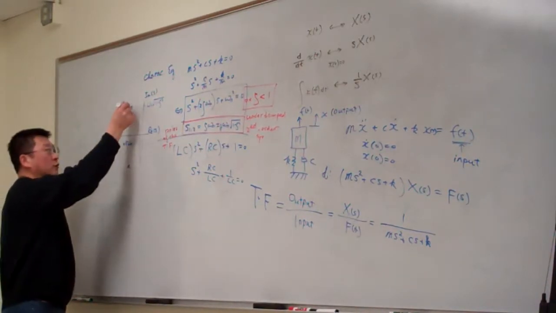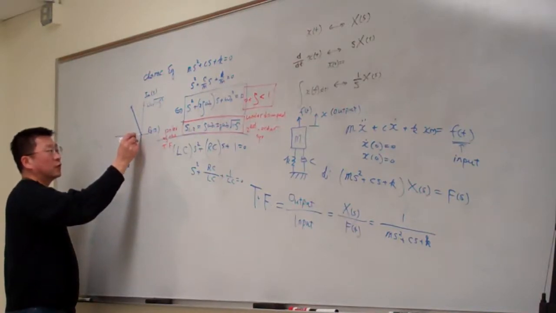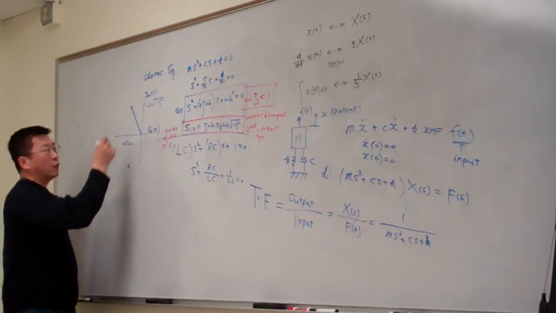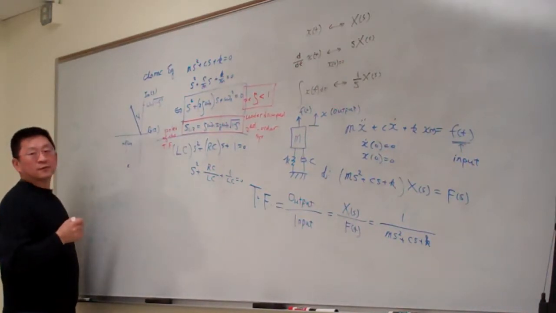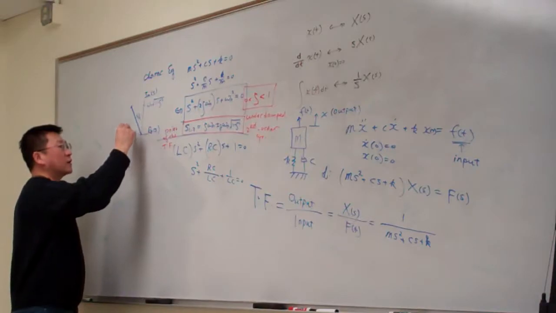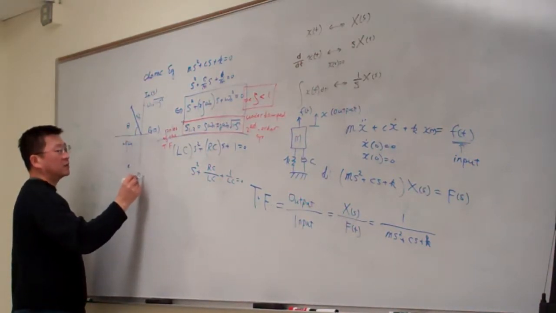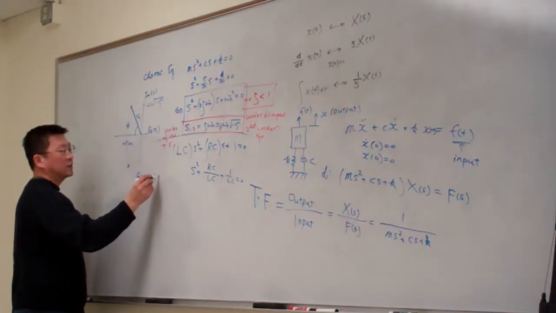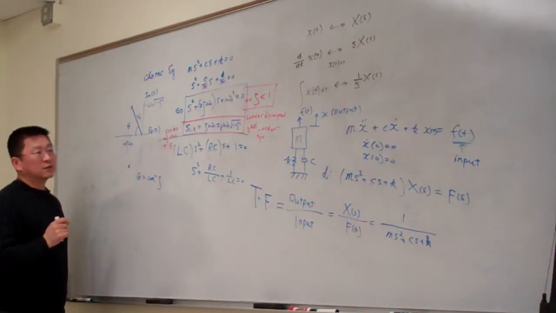Furthermore, the distance from the origin to the location of the pole has magnitude equal to omega n. And this angle is theta, and theta can be determined by the arccosine of zeta. So that is a function of the damping ratio.